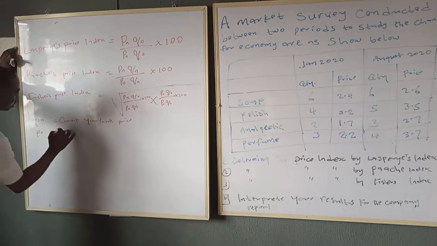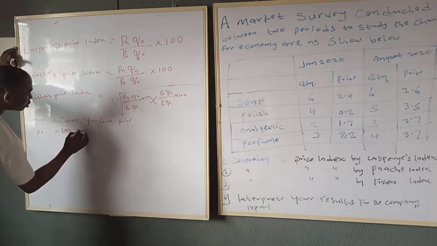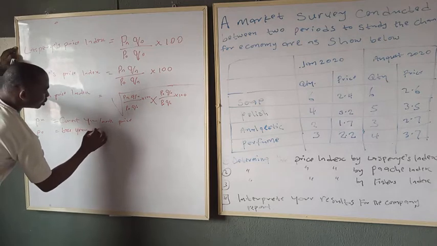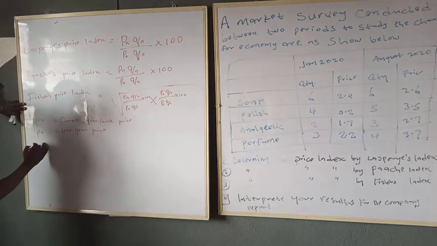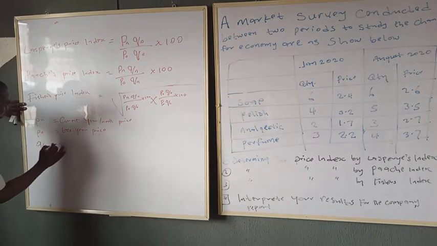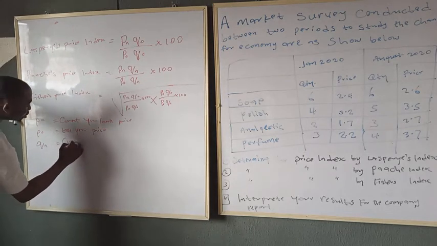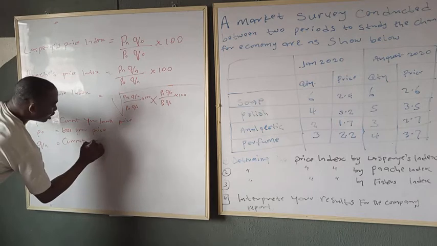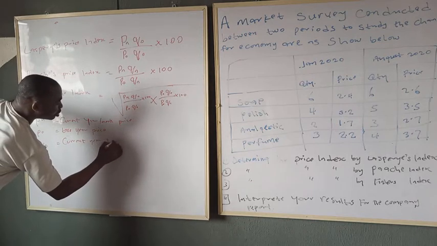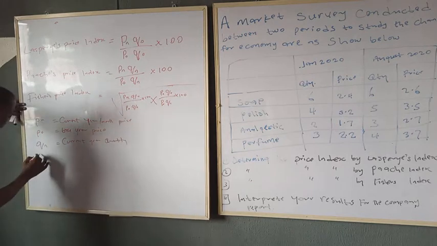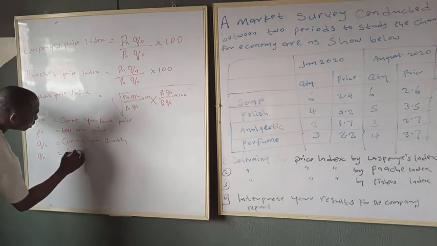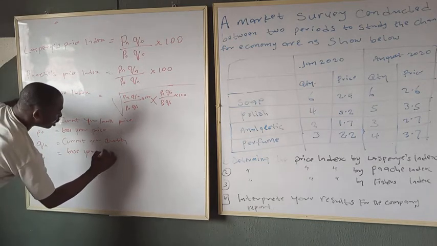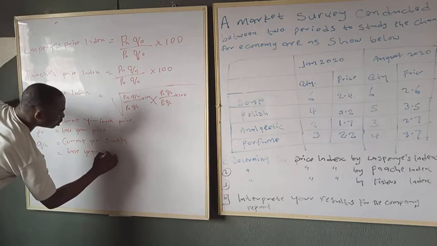Po means base year price. Base year means the past year. Then Qn means current year quantity, and Qo means base year quantity.